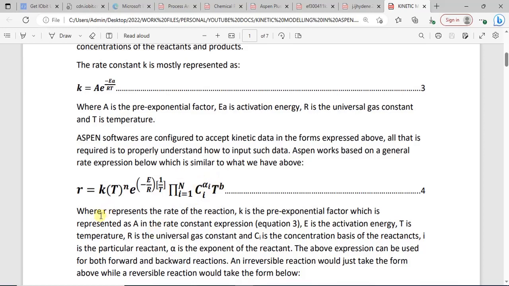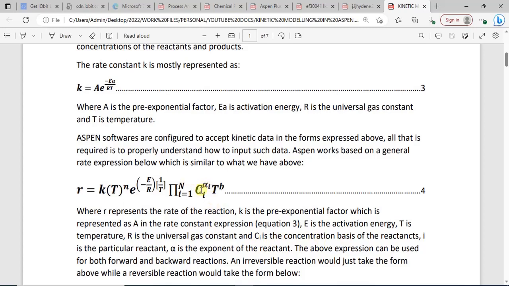So we have, where R represents the rate of the reaction, K is the pre-exponential factor, which is represented as A in the rate constant expression in equation 3, right? Then you have E, the activation energy, T is temperature, R is the universal gas constant, and Ci is the concentration basis, right?